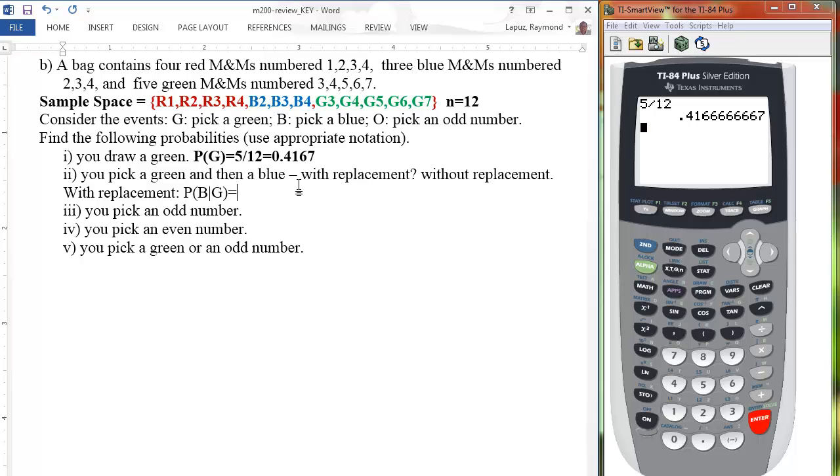But in the case where we replace it, if we had picked the green and put it back, that's exactly the same as the probability that we pick a blue from the beginning. And so that would turn out to be 3 out of 12. And I believe 3 out of 12 is a quarter, or 0.25. So that's with replacement.